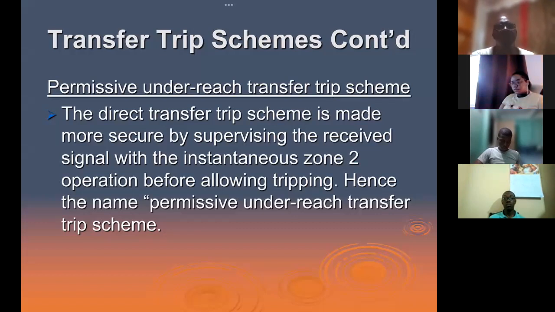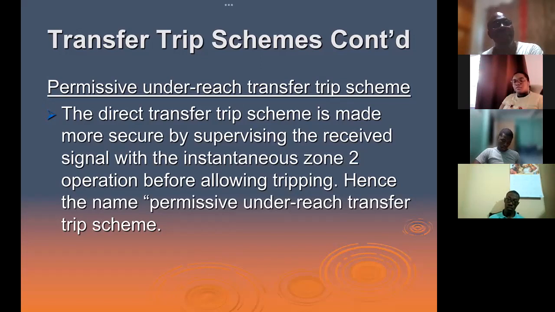With your permissive underreach, because the fault is in the end zone at one end, it would also see a zone 2 fault. But remember, before we started looking at the schemes, I identified the different contacts. We had an instantaneous zone 1, 2, and 3. And then we had timed zone 2 and 3.